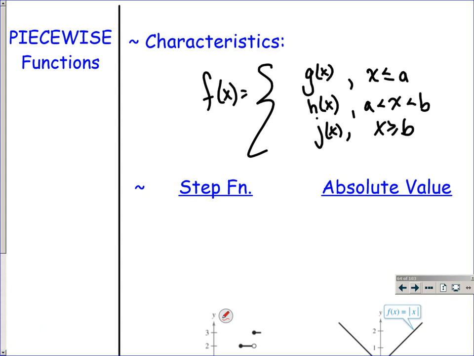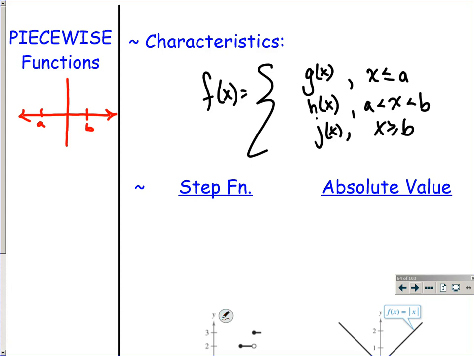Function notation, they were giving us f of 2, and we had to see what piece it would plug into. Remember that? Some of you got really confused, some of you were okay. Basically, long story short, we have to think about where A is and where B is on the x-axis.